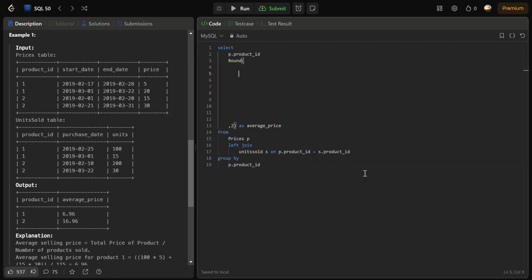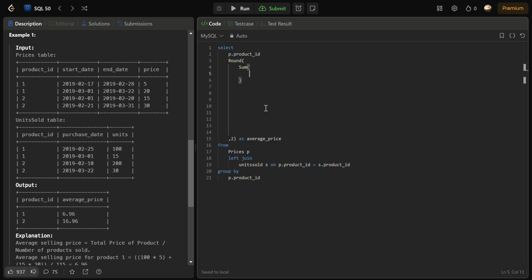Okay, so inside this calculation of average price, first we need to take into consideration the total price of the product. How can we calculate the total price of the product? We just need to multiply the price with the corresponding units in that particular month, and we need to sum that up. So we'll use a sum, and we use a case.